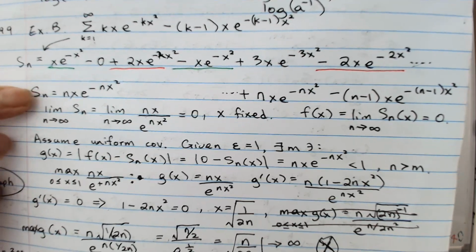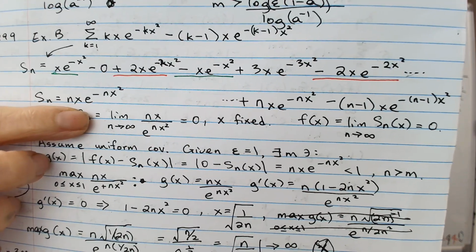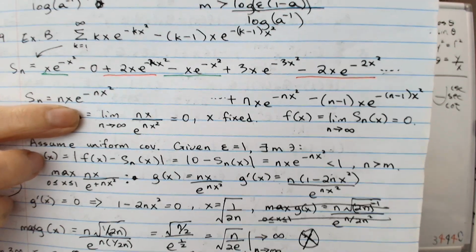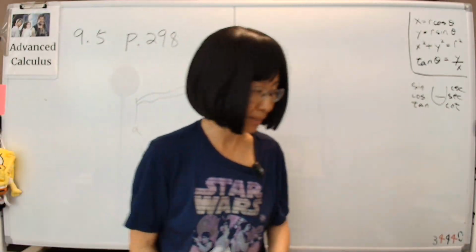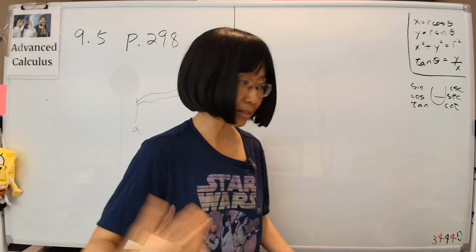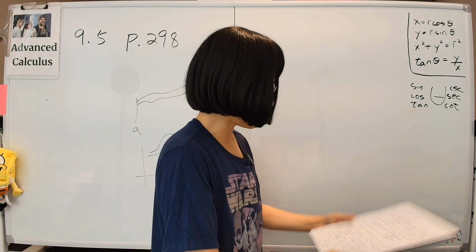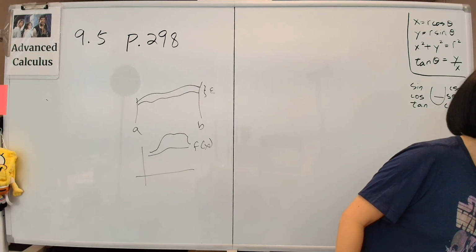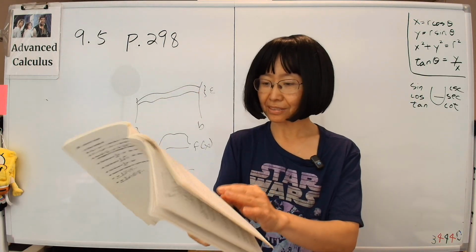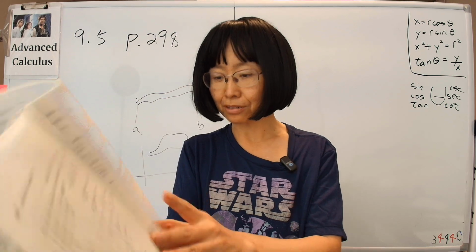So S_n only equals n x e to the power negative n x squared. So the function is telescoping, so to speak. That is, it keeps subtracting itself out. So S_n, with that logic, as the book says, only equals one term, okay?